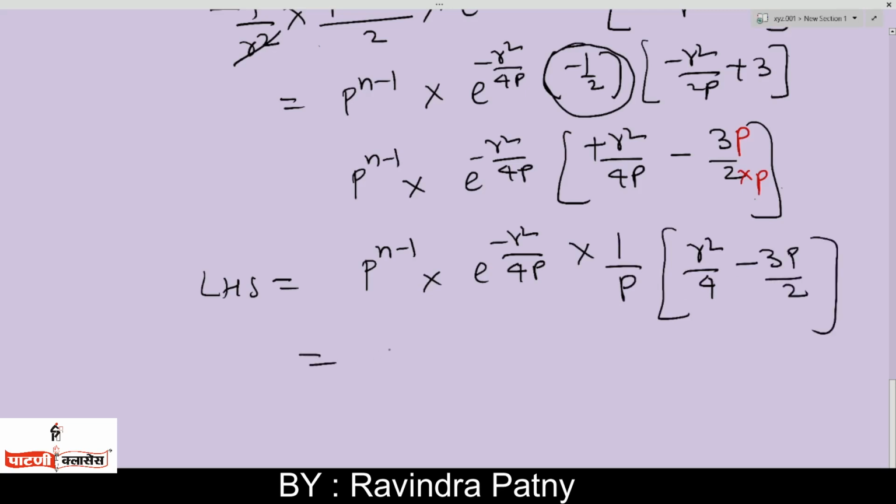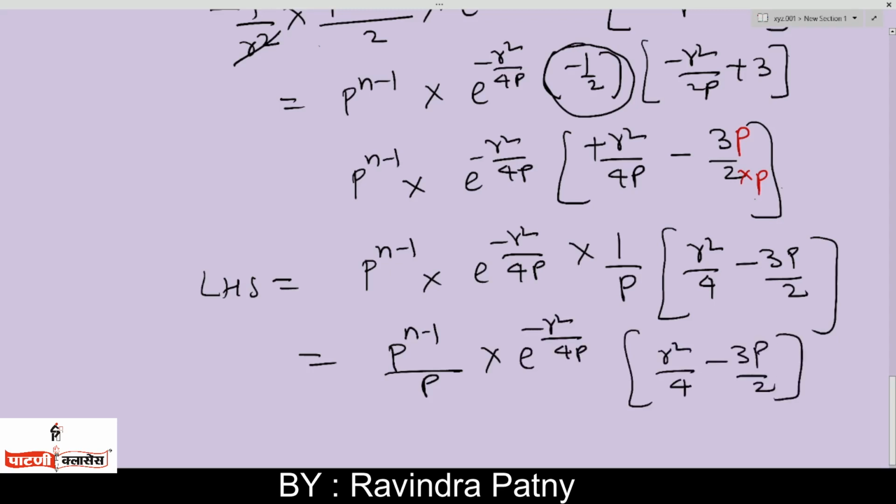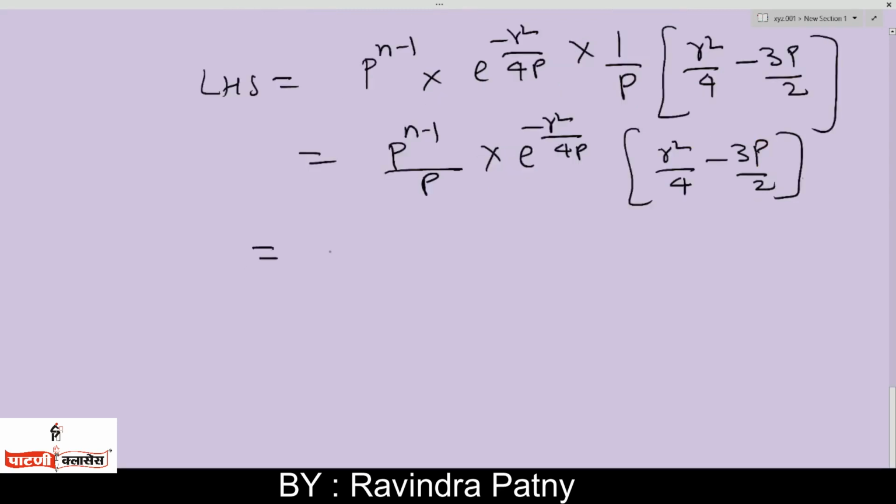This is equal to p raised to n minus 1 upon p into e raised to minus r square upon 4p and r square upon 4 minus 3p by 2, which is equal to p raised to n minus 2 e raised to minus r square upon 4p and r square upon 4 minus 3p upon 2.